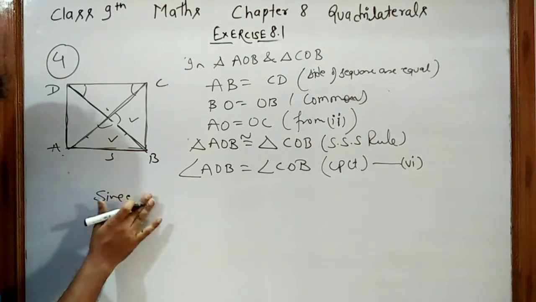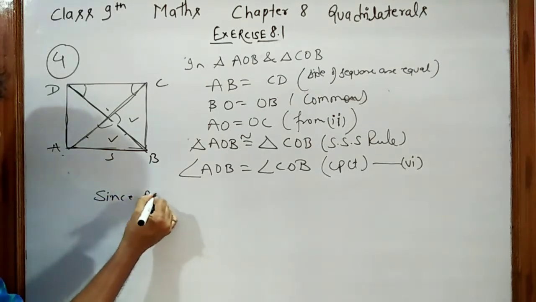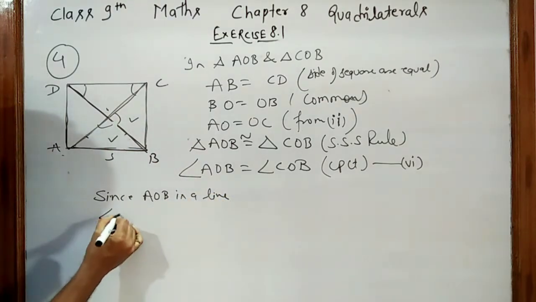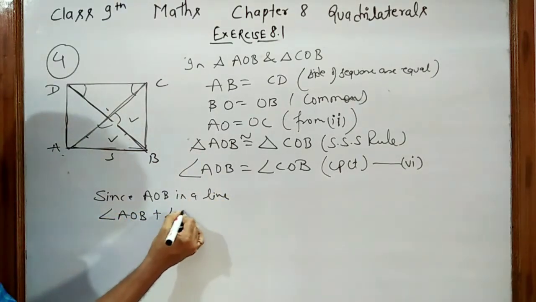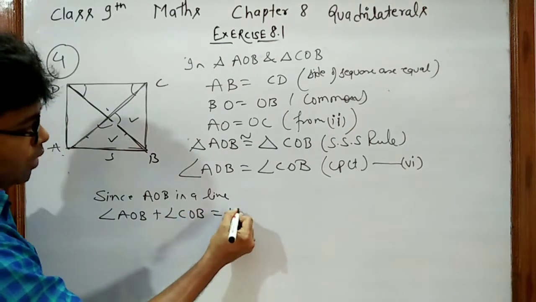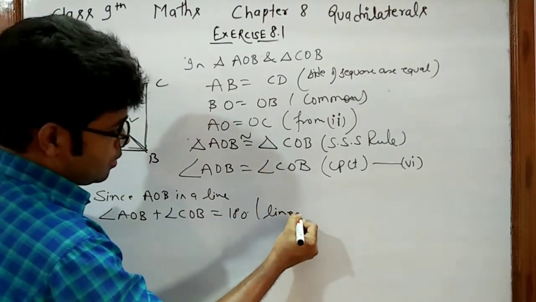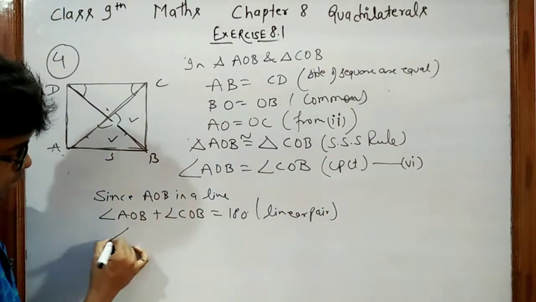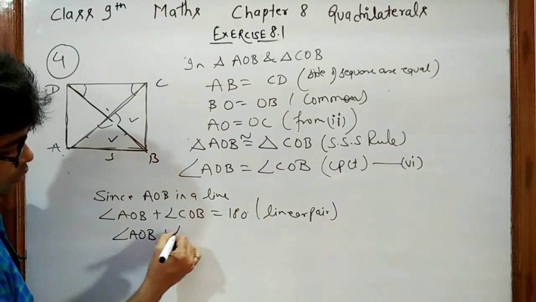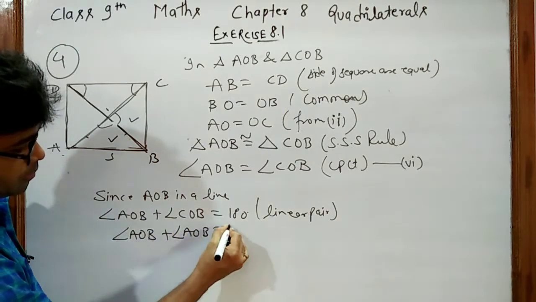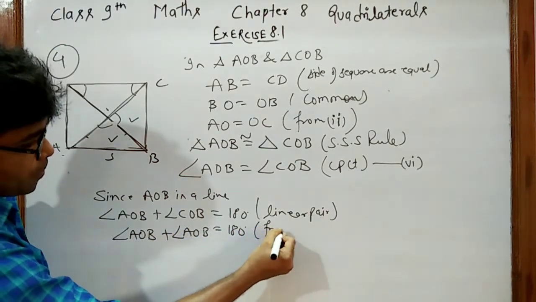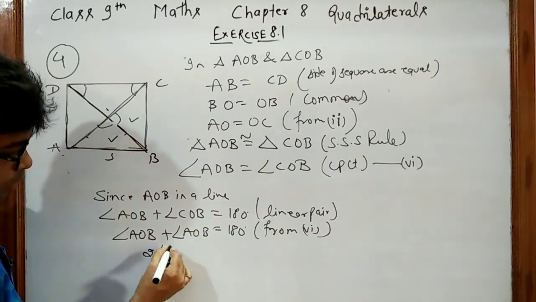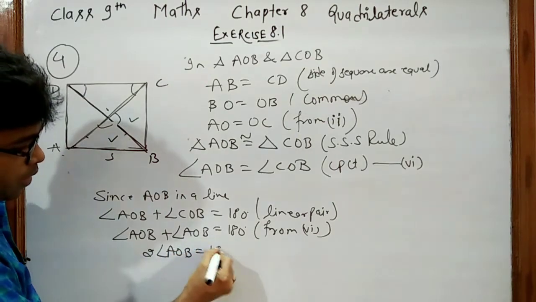Since AOC is a line, angle AOB plus angle COB is equal to 180 degrees, linear pair. And both these are equal, so from the previous equation, two times angle AOB is equal to 180.